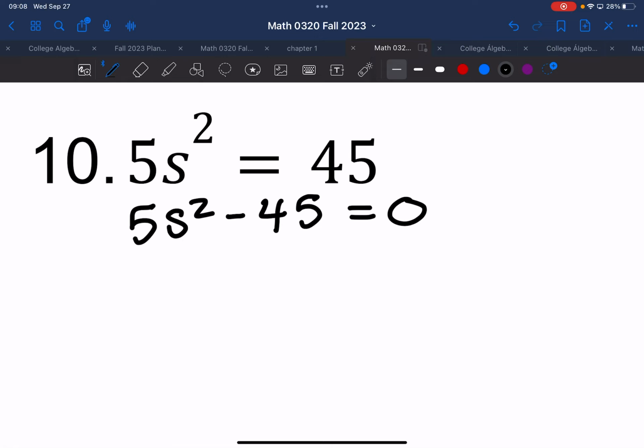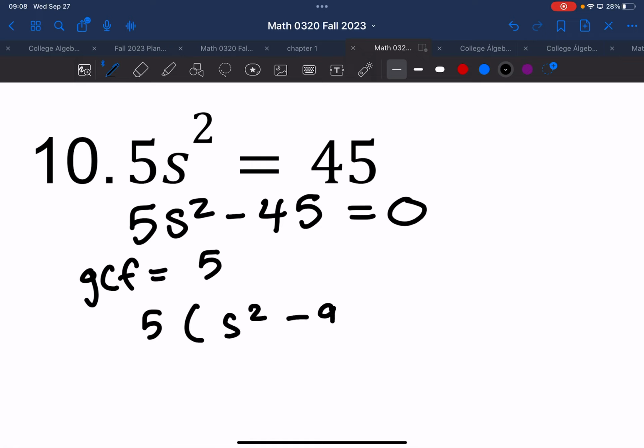Does this look similar to a problem we solved today? Perfect square after its factor. Good. It looks like something that could have that perfect square, but we can take a GCF out of that. And what would the GCF be? 5. Good. So if we take the GCF of 5 out, we're left with s squared minus 9 equals 0. Now does that look like a perfect square?